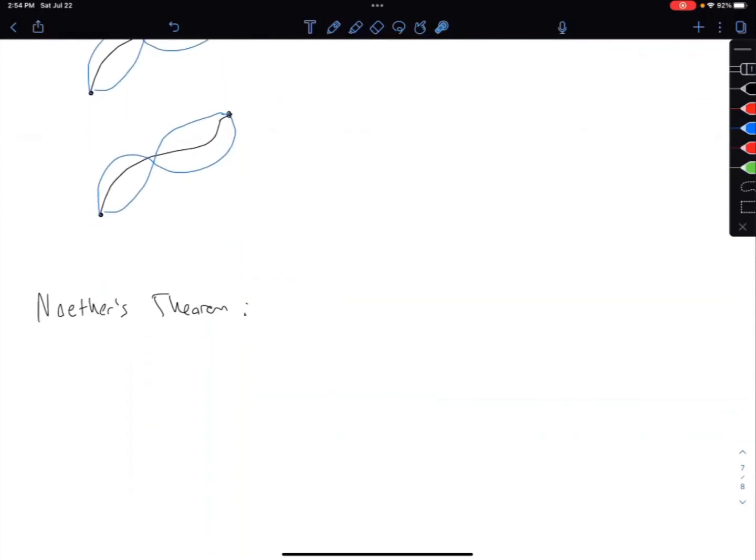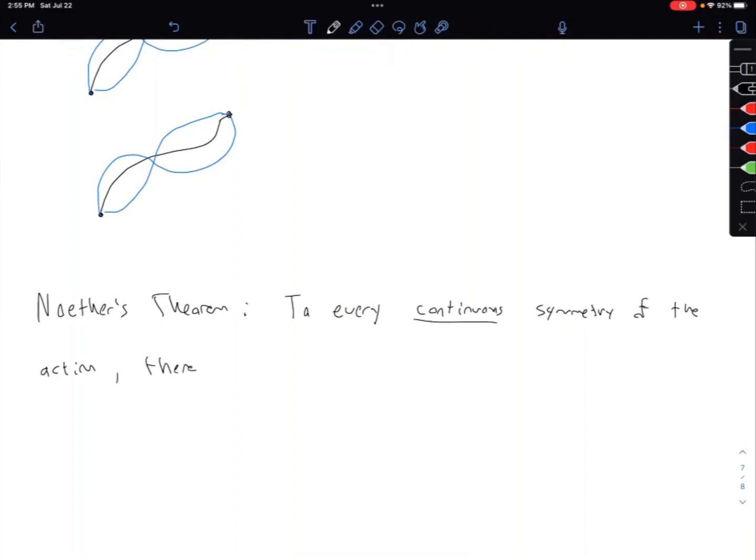Okay, so Noether's theorem: to every continuous symmetry of the action, there is a conserved quantity.